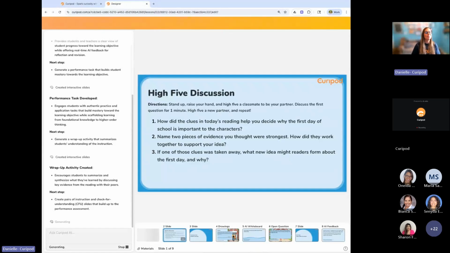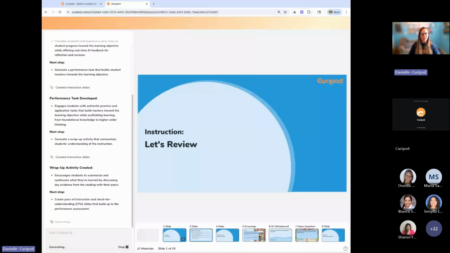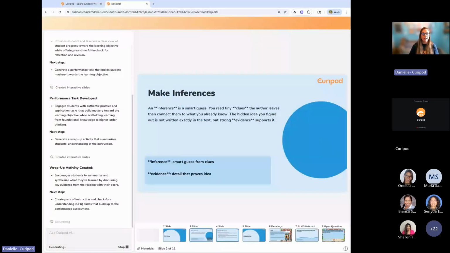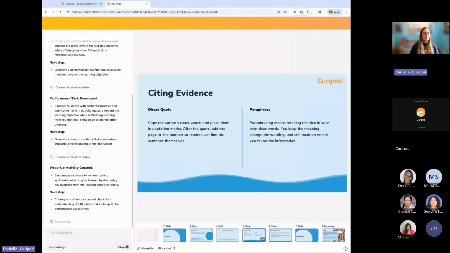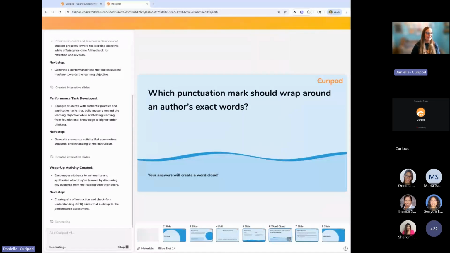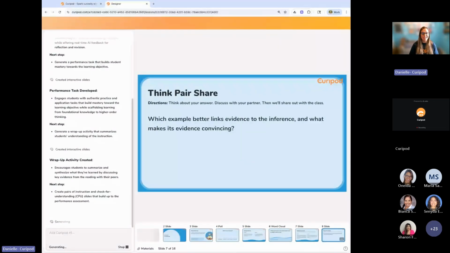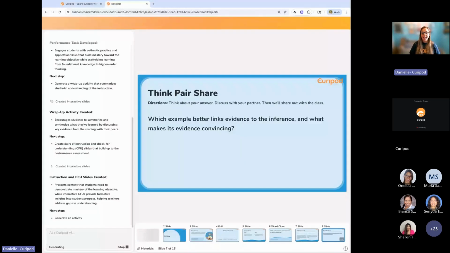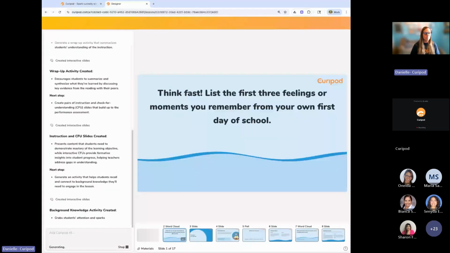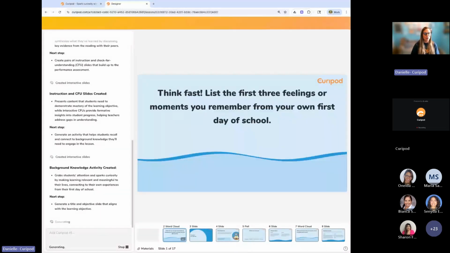I also want to point out that when I was teaching, I hand created most of my materials. I started teaching in 2010, so there wasn't a lot of technology. It took me an incredibly long time to create this stuff and to think about all these best pedagogical practices, ensuring that they're in my lesson was incredibly difficult.